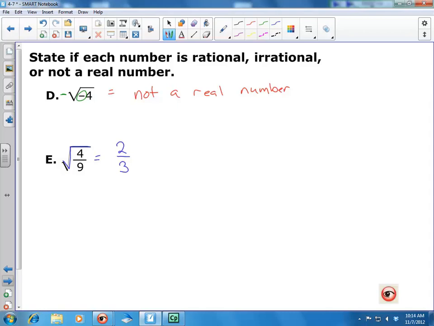Real. It's going to be real. Yeah, this one is rational. No, it's not going to be an integer because, remember, an integer has to be a whole number, and this obviously isn't going to be a whole number, so I think that's probably going to be all of them that apply to this one, real and rational. It's not an integer. Remember, an integer has to be a whole number.